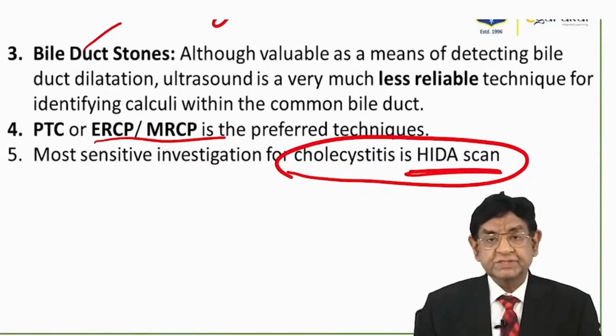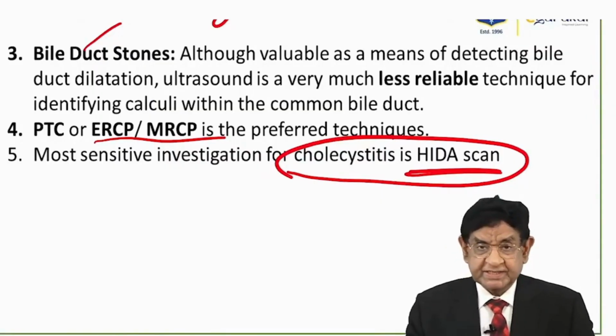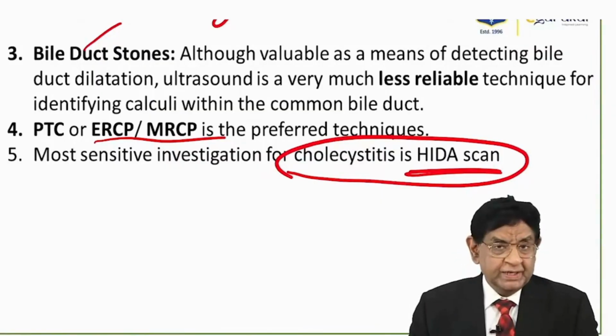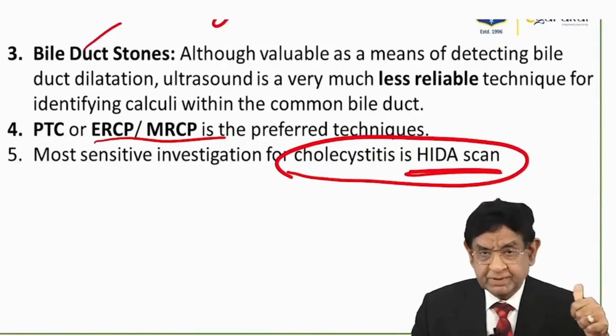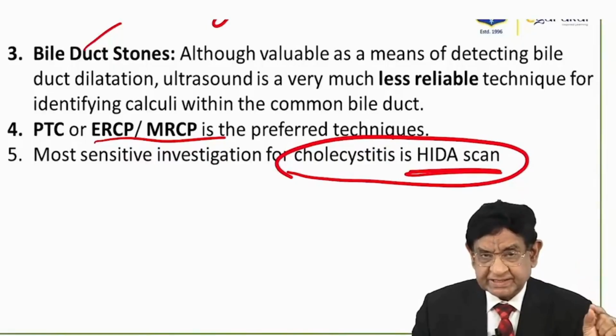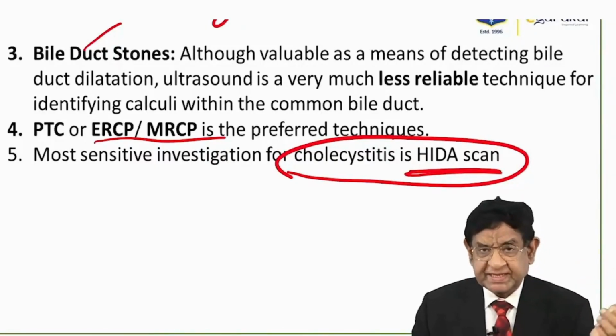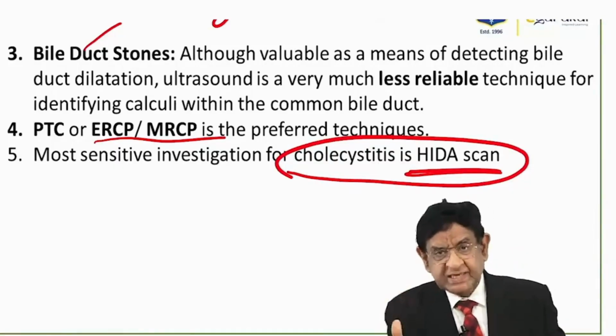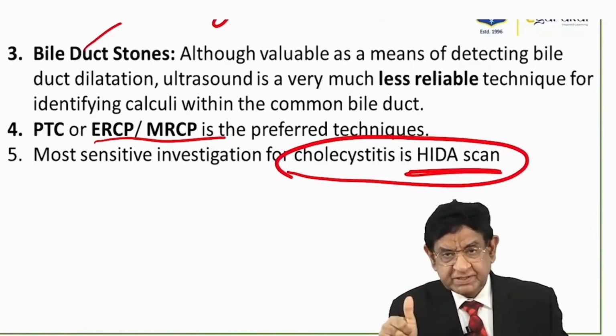So friends, what we learned in investigation is, in the X-ray, only 10% are radio opaque, and Mercedes-Benz sign, two questions from X-ray. After that, ultrasound is the best initial test. We can see stone, number 1, 98%.